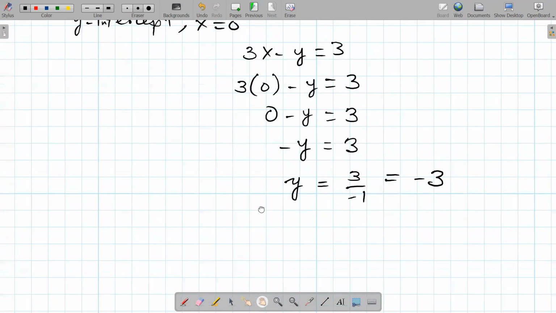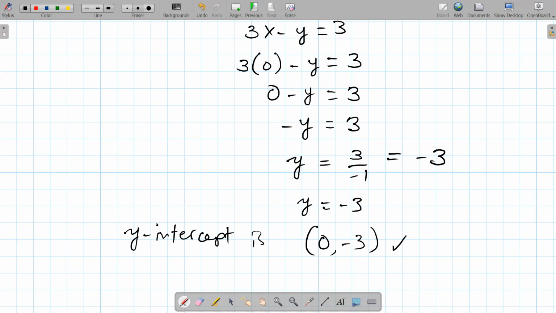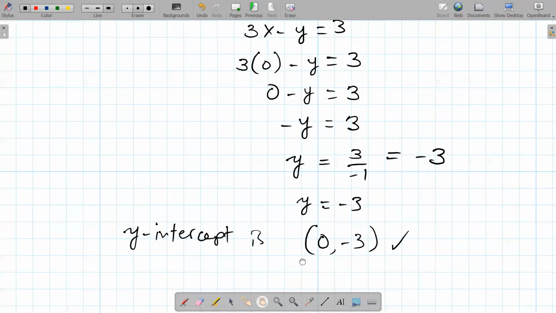So now y is negative 3 here, and my y-intercept is basically 0, comma negative 3. So now I need to use my intercepts to graph.